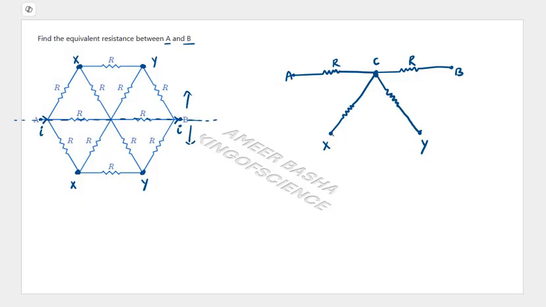Okay, so this is my X and Y. In between X and Y there is another resistor. In between the center point and X, there are 2 resistors, this side and this side. Between the center point and Y, again there are 2 resistors. Then between the A point and the X point, again there are 2 resistors.